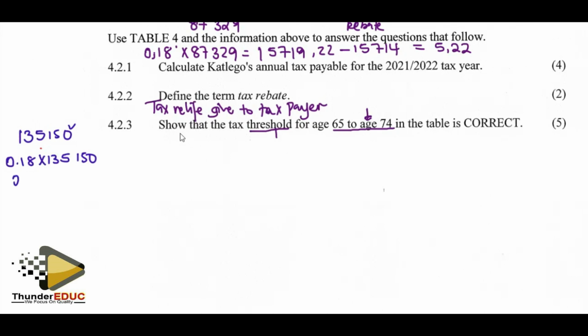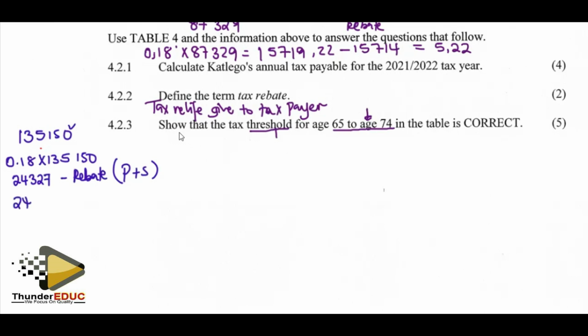So these people pay that much as tax, and we remove the rebate. Remember, these are 65 and 75, so there are 2 rebates that you remove, the primary and the secondary.